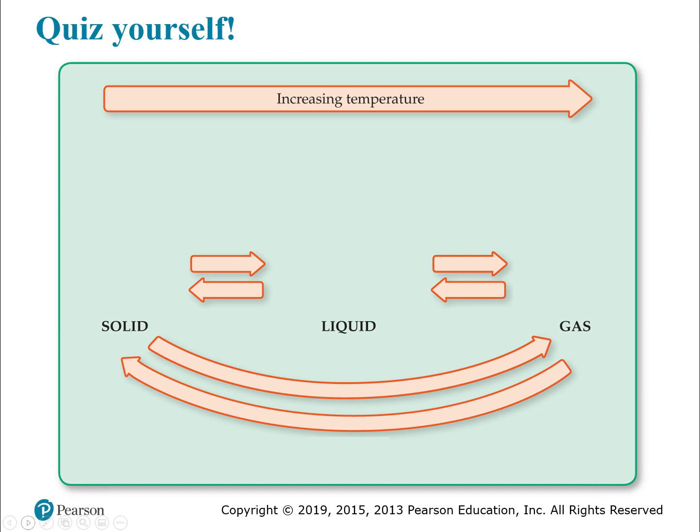This is a chart that you can fill in yourself with all the different terms, freezing and melting, sublimation, deposition, and you can include an example of solid, liquid, and gas. So one example that you could use is what happens to water. You've got liquid water here.